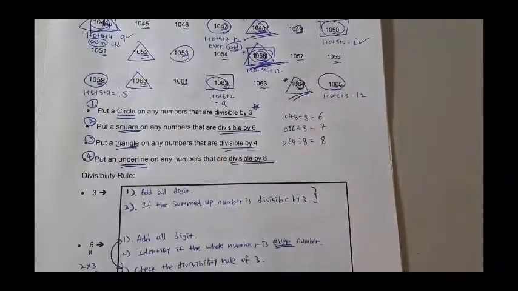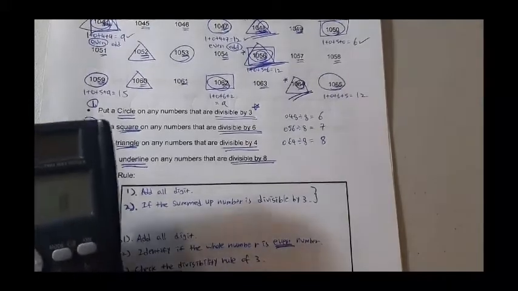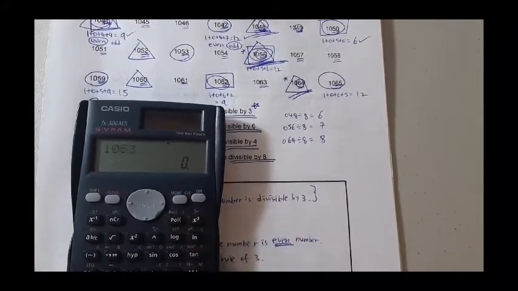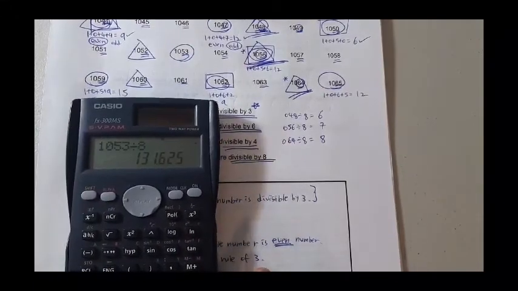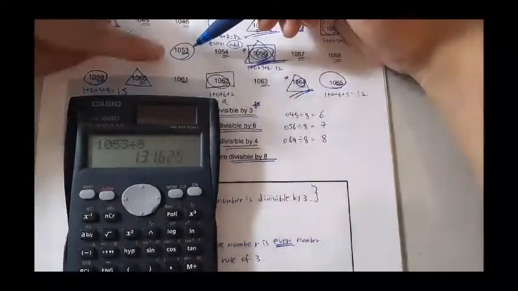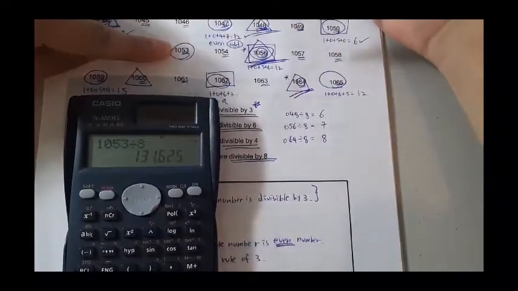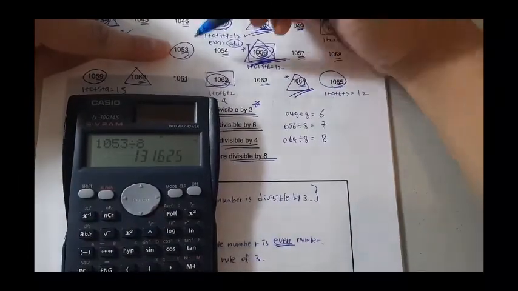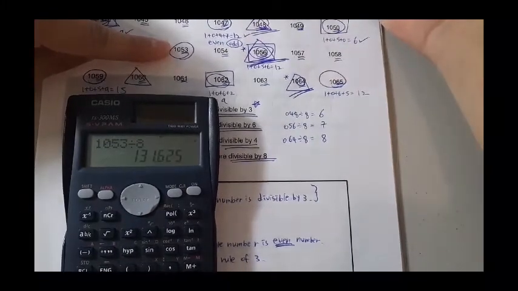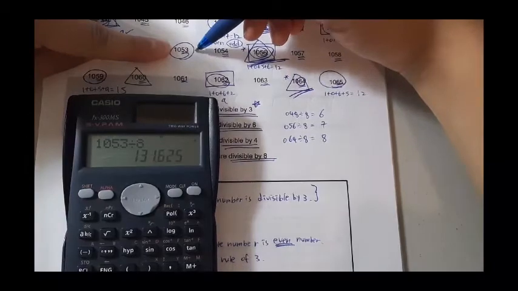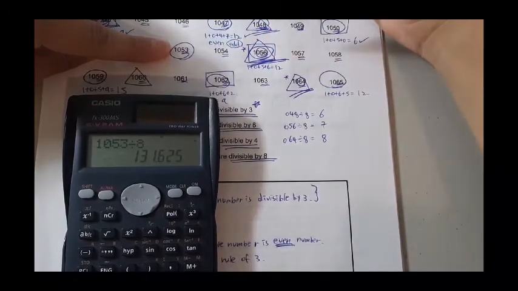But for some numbers that don't work, for instance this one, I'm going to use a calculator. 1053 divided by 8. As you may notice, I picked this random number. It doesn't give you a whole number. And there are several reasons. Number one, it's an odd number. Do you remember? Divisibility rule number 2 says it should be an even number. And the other one is 1054.